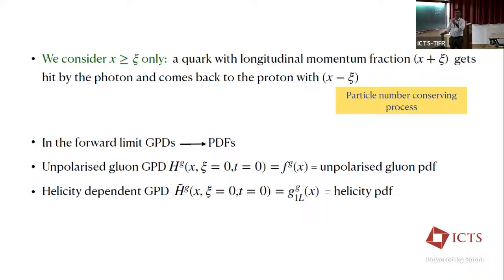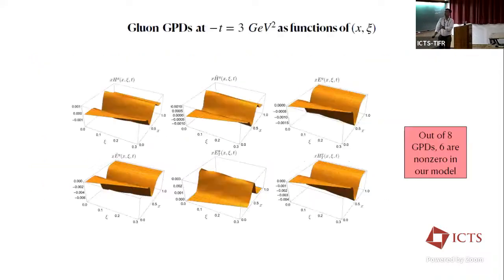So you have a number conserving process. And as I said, these GPDs go to the PDF in the forward limit. These are some three-dimensional pictures of the GPDs. Out of the total eight GPDs, only six are non-zero in our model.